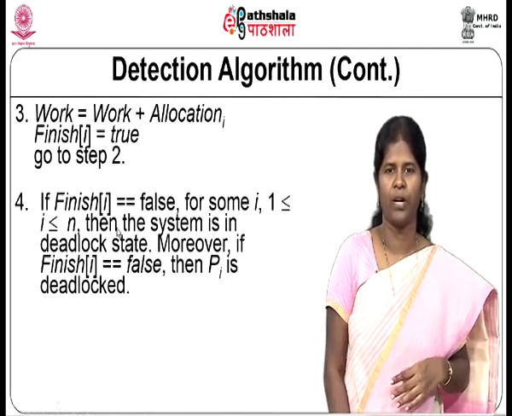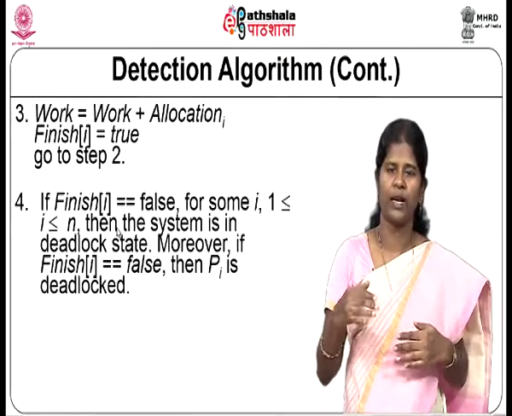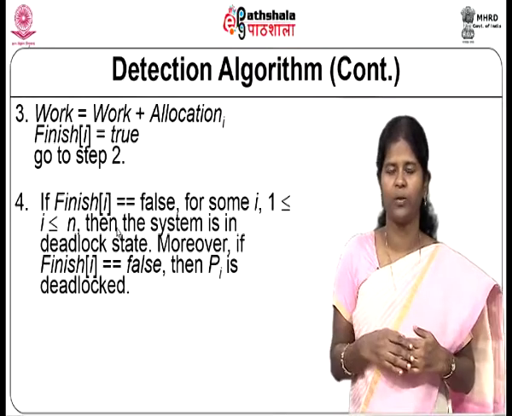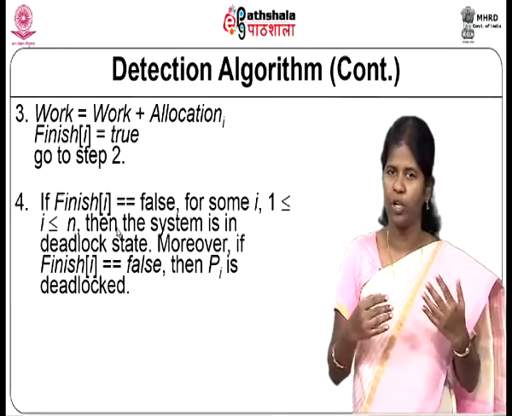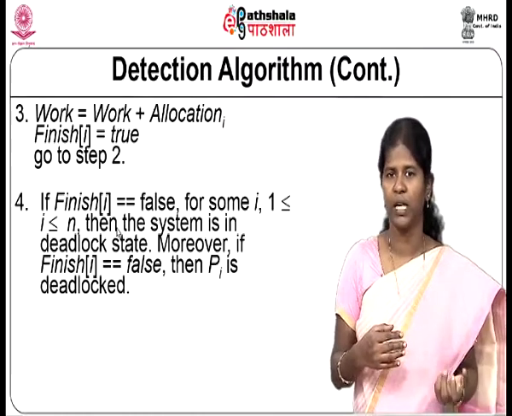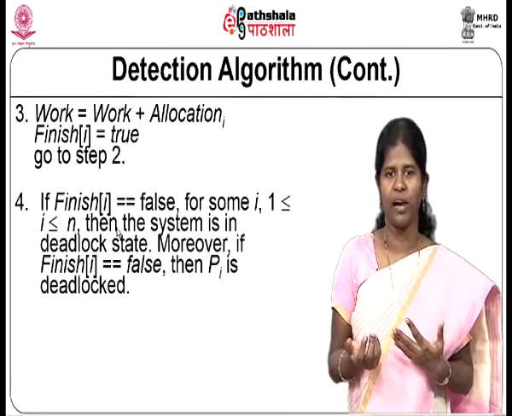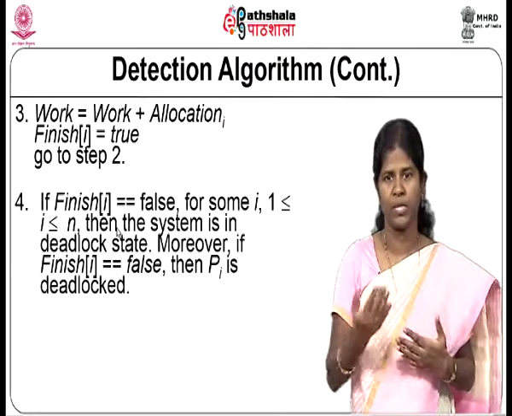If there is some process whose request is less than or equal to what is available, you allocate that request to that process, and whatever was allocated to that process earlier will also be released by that process and added to what is available. You try to see if this can be done for all the processes in the system.